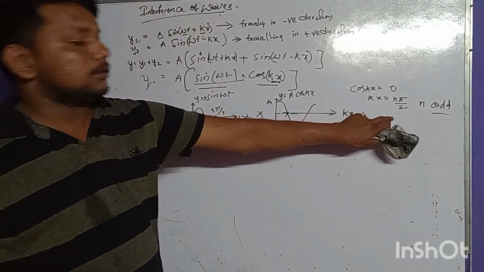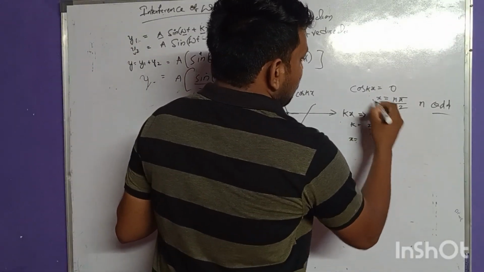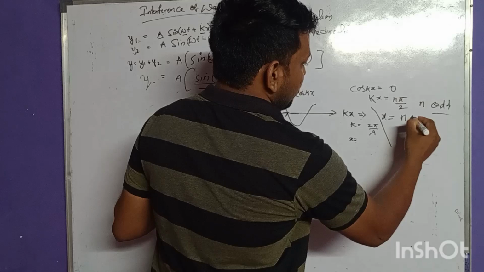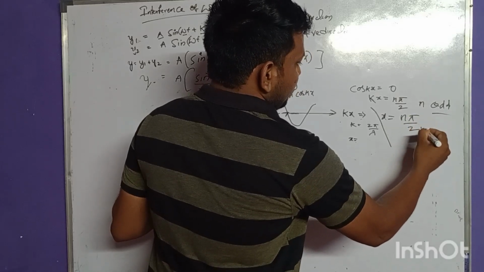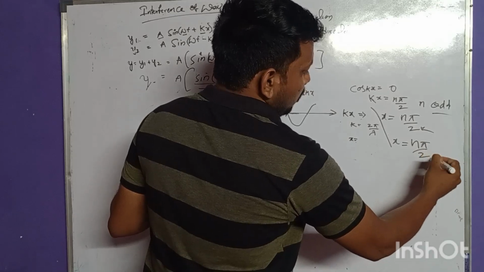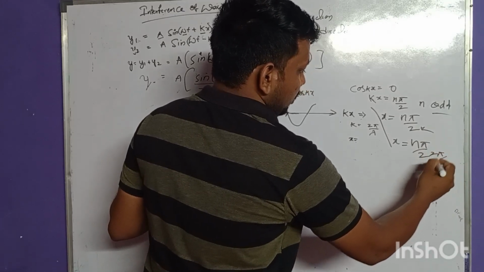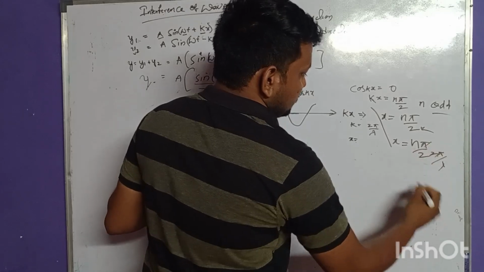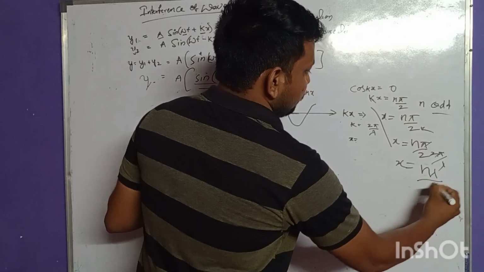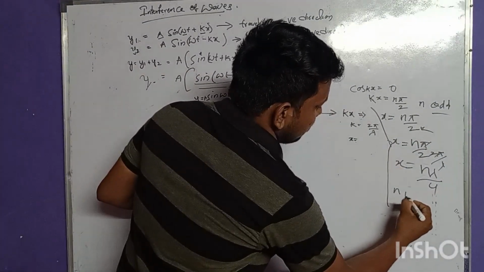At n pi by 2 it becomes 0, n is odd. kx, x is equal to n pi by 2 by k. x is equal to n pi by 2 into 2 pi by lambda, right? Pi gets cancelled. x is equal to n lambda by 4. n is odd here.